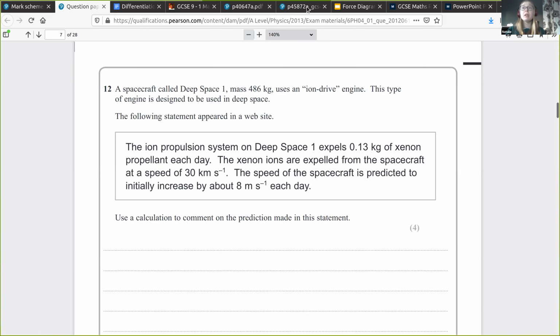And the first thing we're going to do, as with any mechanics style question, is draw a diagram. So in the before scenario, we've got our total spacecraft. And what that is doing is just existing, right? We can assume it's motionless or stationary in our relative frame.